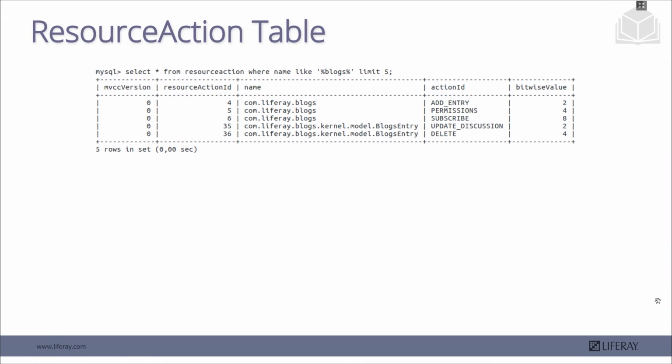Now let's take a look behind the scenes, under the hood, to see what's going on in the database. Within the resource action table, we can see the blogs entry here, and we can see the different actions that can be performed on our specific entities, whether for portlets, portlet models, or entity resources.